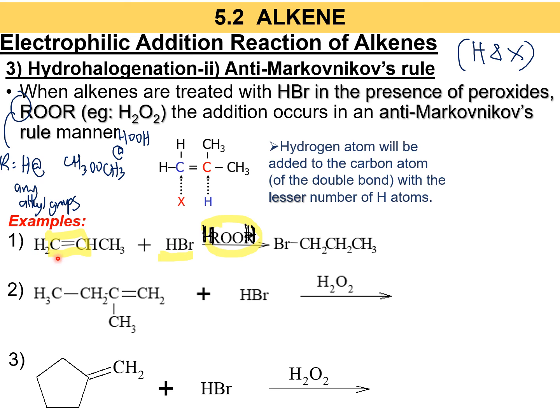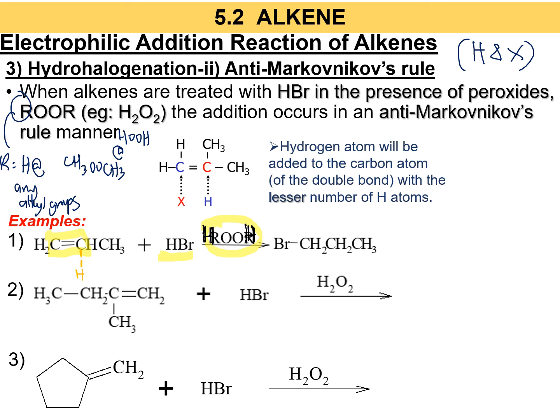Okay, if it does not follow Markovnikov's rule, therefore the hydrogen atom will be added to the carbon with the fewest hydrogen atoms, which is here, on this carbon of the double bond. Okay, therefore if it does not follow Markovnikov's rule, this carbon will get the H and this carbon will get the halogen.